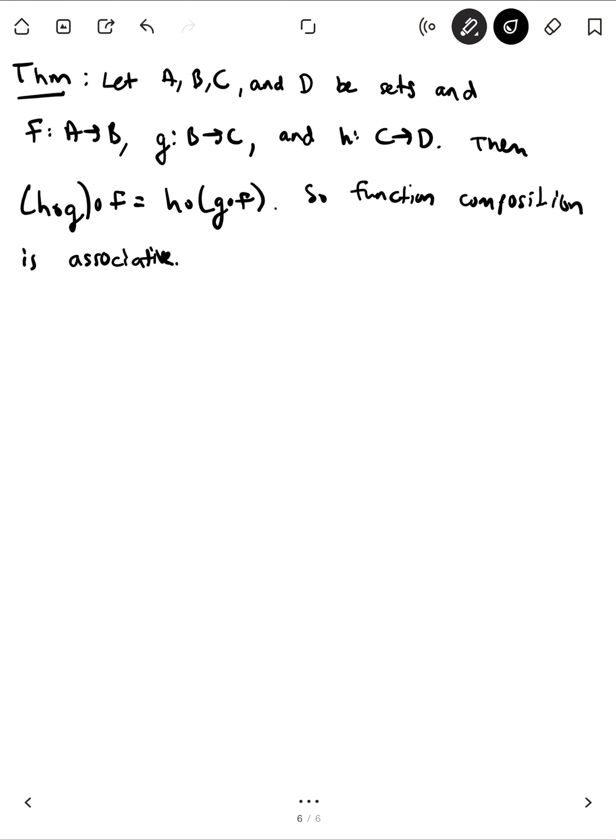Now to prove this, again, it's not a super interesting proof, sometimes these function proofs are kind of boring.